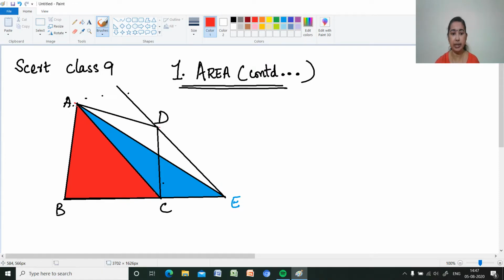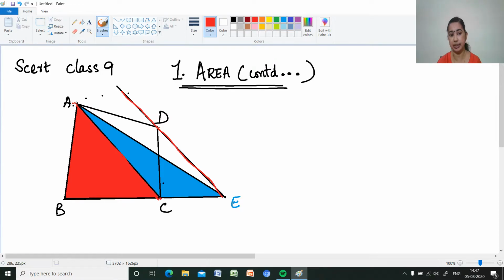Triangle ADC and triangle AEC lie between two parallel lines. You can see one parallel line is this, between this line and this line, AC.